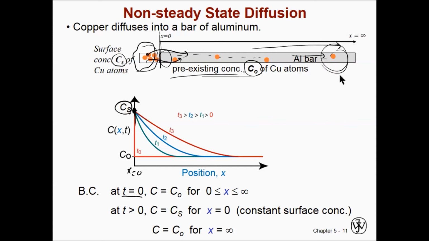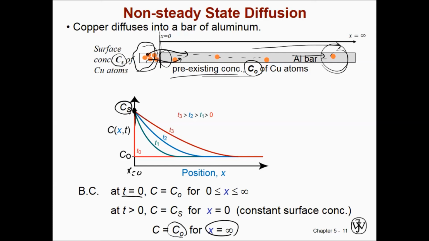That's why the amount of copper toward far right at infinity will be equal to the initial concentration of copper. That tells us that the diffusing species, in this case copper, cannot reach deep below the surface. So that's our assumptions, that's our boundary conditions.